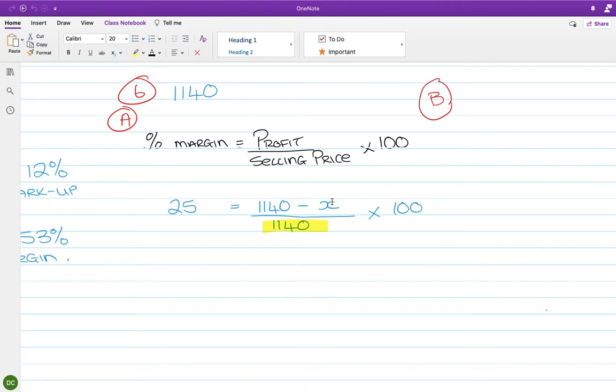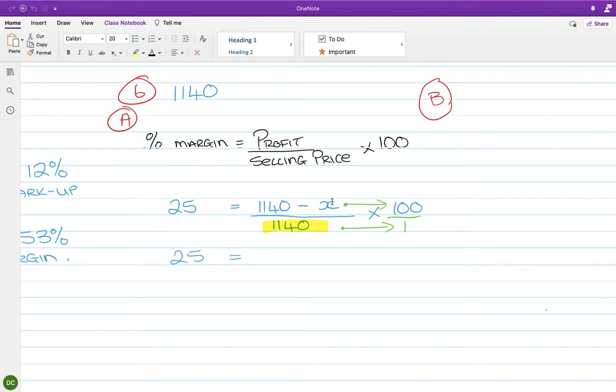So, if I make the 100 over 1 a fraction, then essentially I'm multiplying two fractions. And if you remember from last year, we multiplied top by top, bottom by bottom, right? So we get 25 is, and we're going to multiply 100 by 1140 minus x. And the bottom line is just going to be, actually, will I just do that? I think you can do that, can't you?